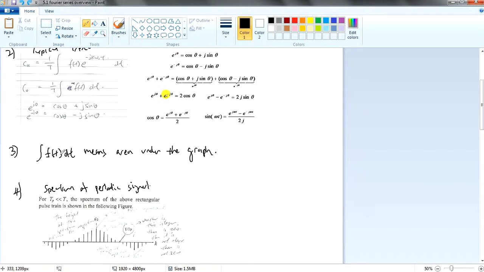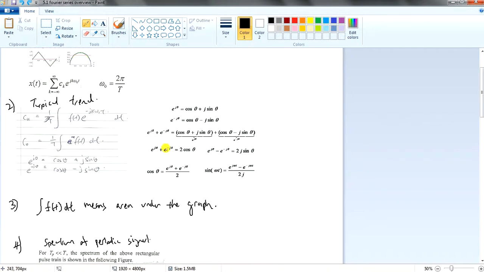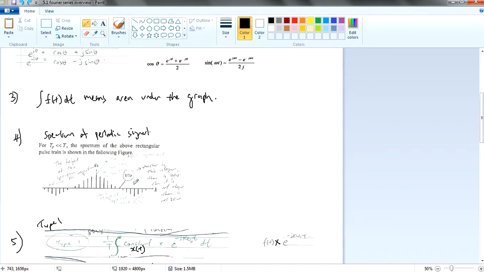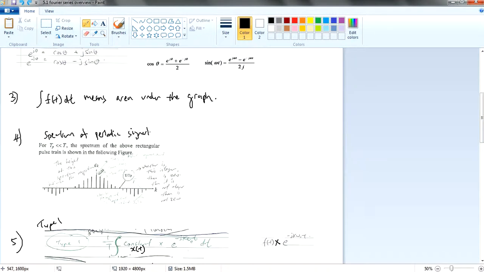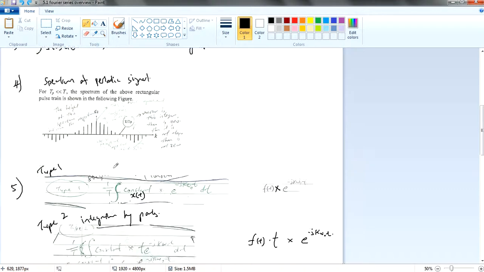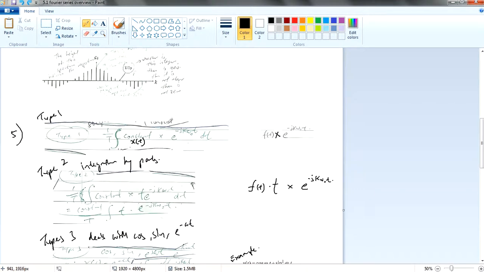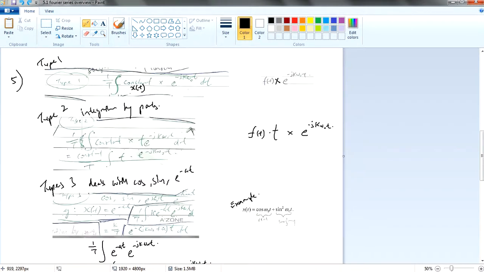And then the integration of the equation of the graph gives us the area under the graph, and the spectrum helps us visualize which are the most important components of the whole equation, where the highest level is the most important one. And then the different types of Fourier series questions.